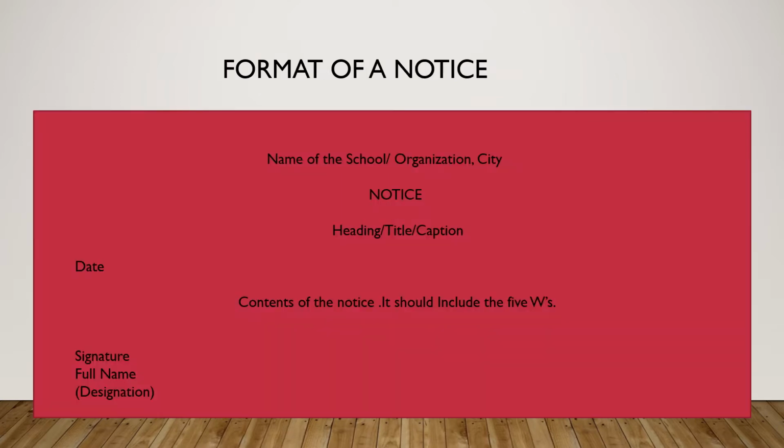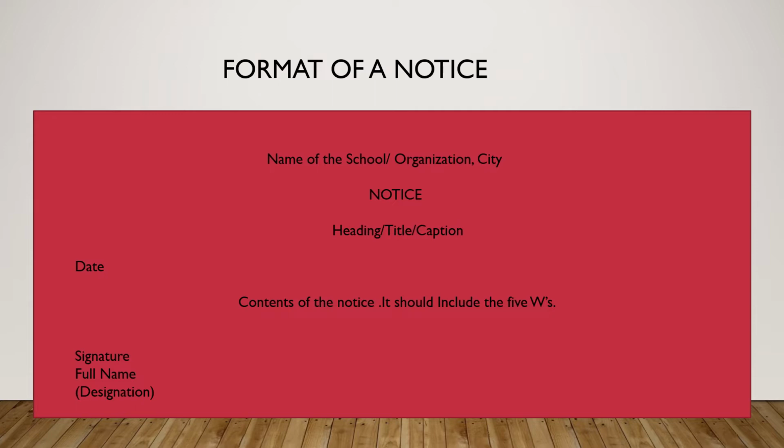Now let us see the format of a notice. That means what all a notice should have. The format of a notice should include the name of the school, organization, or company and the city. This has to come right at the top in the middle.